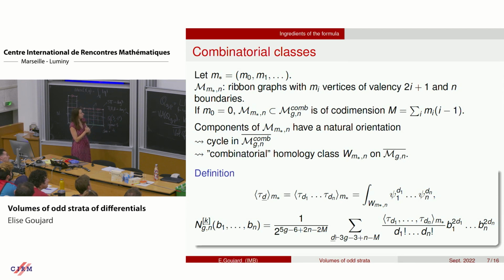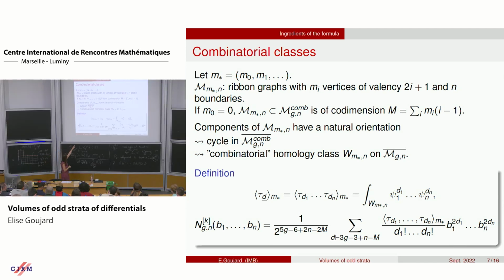The definition is that we look at the intersection numbers of the psi classes along this cycle and denote this intersection number by tau_d with index m*. If you don't know what these classes are, it's not a big deal, because I will explain how to actually compute these numbers. And I define the polynomial N_{g,n,k} to be the polynomial whose coefficients are these particular intersection numbers.